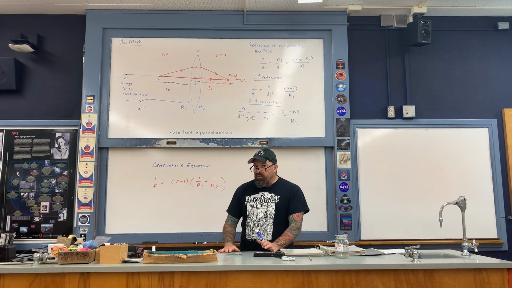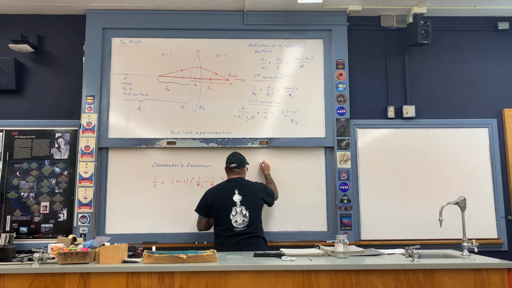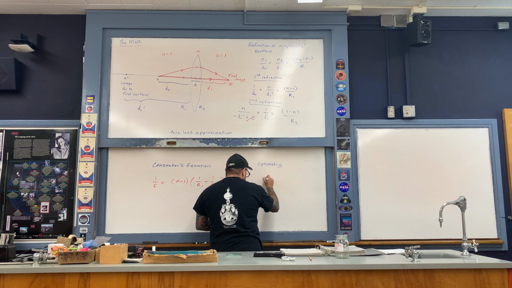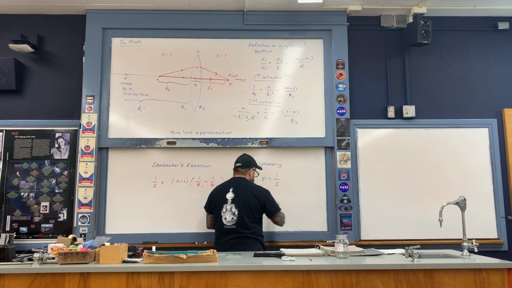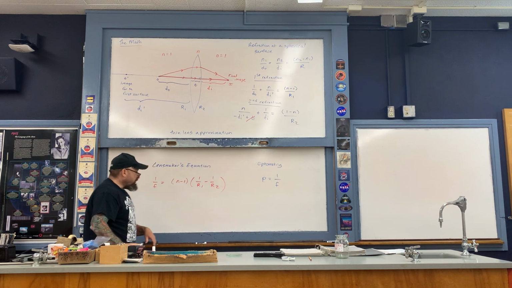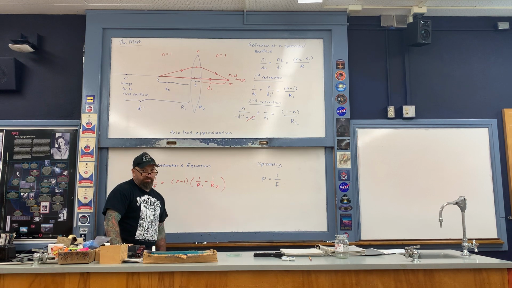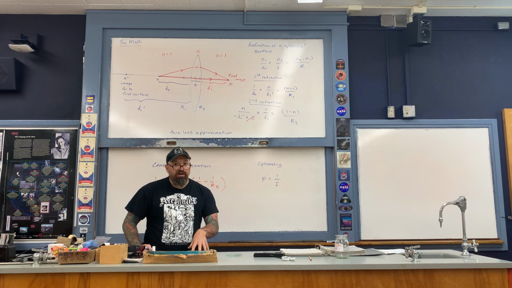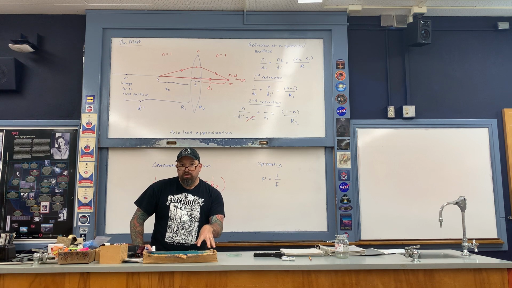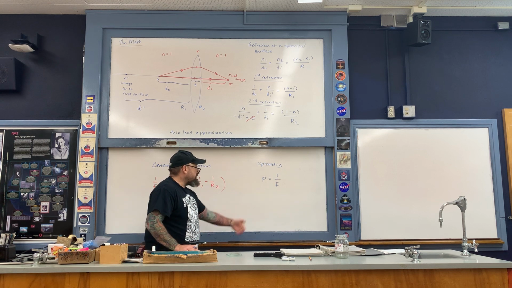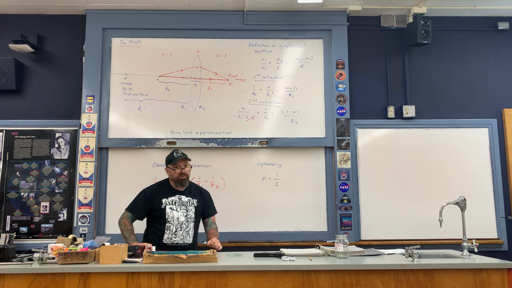Okay, specifically in optometry, however, your prescription is referred to as the power of the lens. The power of the lens itself, 1 over the focal length, is this expression here. So depending upon whether you are nearsighted or farsighted, and how badly, that will adjust the various values here for your prescription.